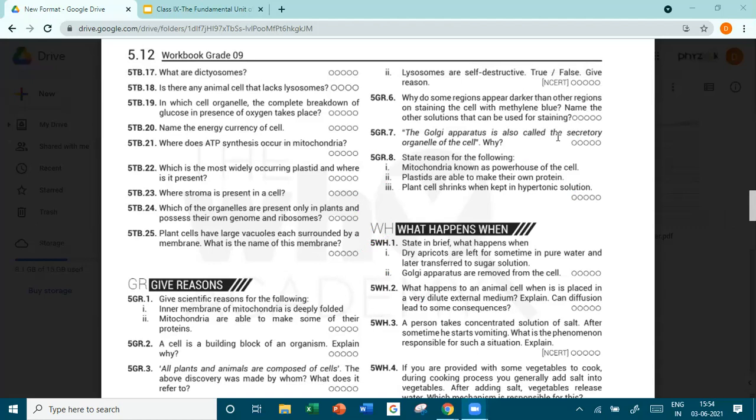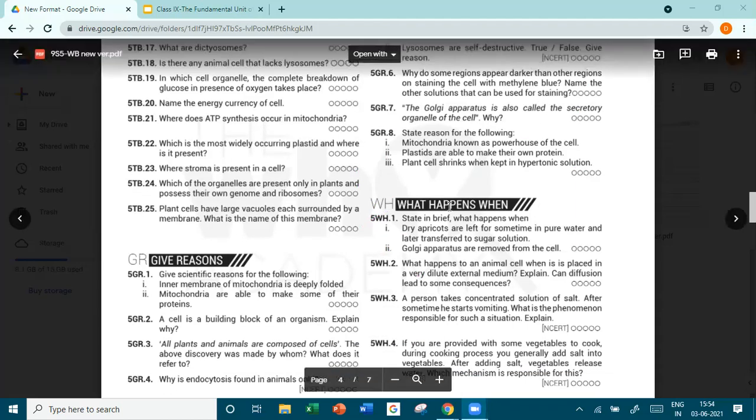In your NCERT, 2-3 lines are given on staining, but what we discussed in the answer actually covers that whole part. So whatever 3-4 lines are given in the NCERT, we covered it in our answer. But still, you can read through it once more, and in case you have any questions, you can always ask me or ask on the group, right?